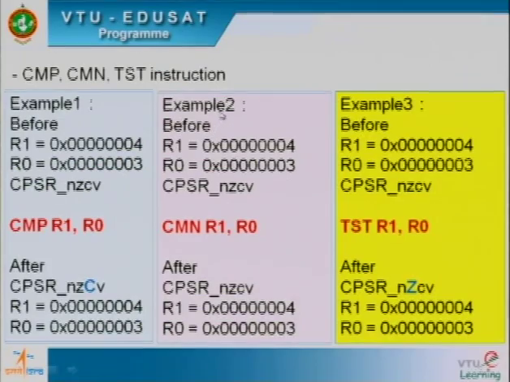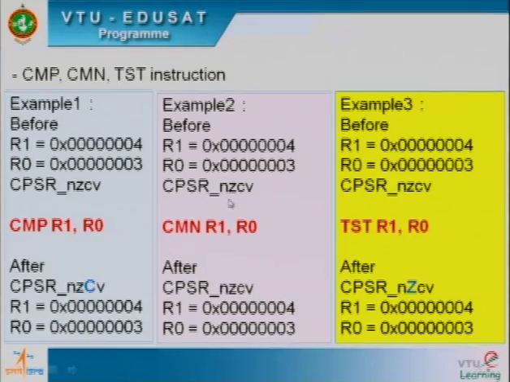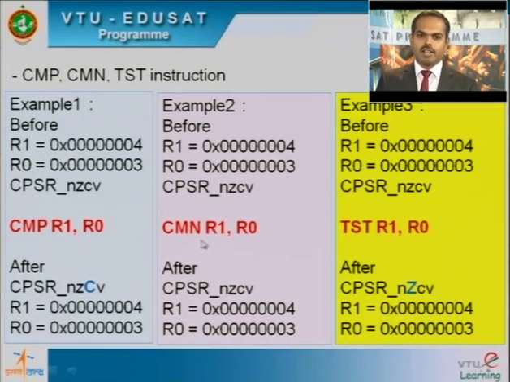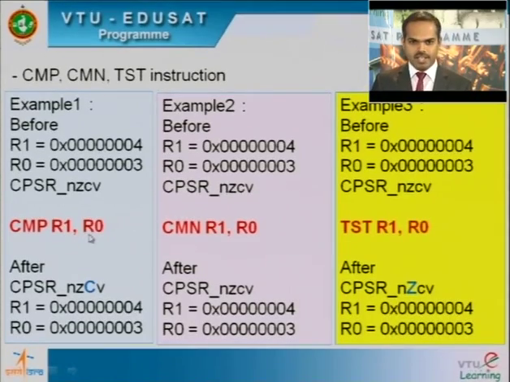The second example, example 2. In example 2, the contents of R1 and R0 are the same, that is 4 and 3. The CPSR flags NZCV are all set to 0. The instruction is CMN R1, R0, compare negate. In the previous case it was R1 minus R0, in this case it is R1 plus R0.